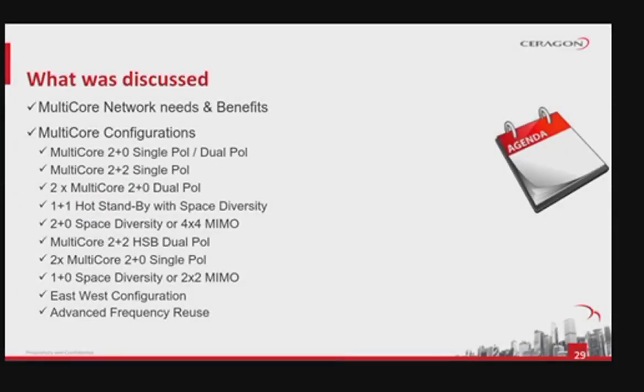So, in this module we discussed multi-core network needs and benefits, multi-core configurations, such as multi-core 2+0 single or dual polarization, multi-core 2+2 hot standby single polarization, 2 times multi-core 2+0 dual polarization, 1+1 hot standby with space diversity, 2+0 space diversity or 4x4 MIMO.